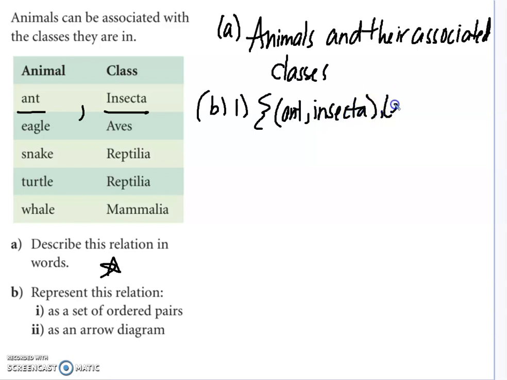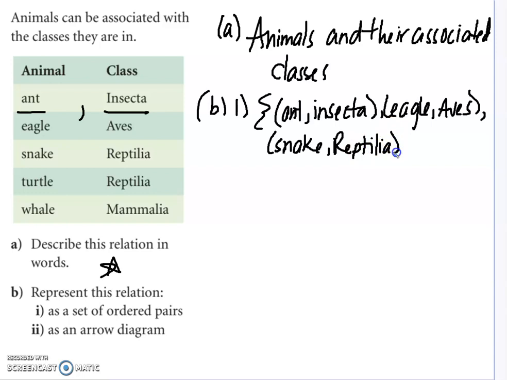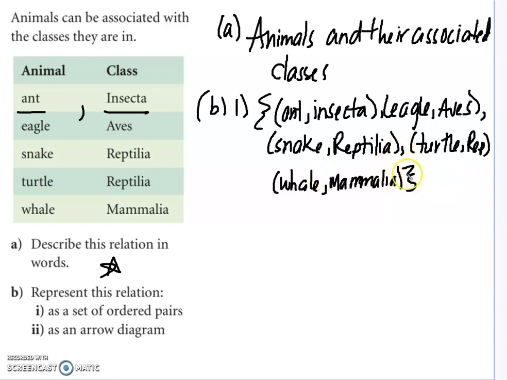And I'll do this for each one. And when you finish, make sure you close that set bracket.